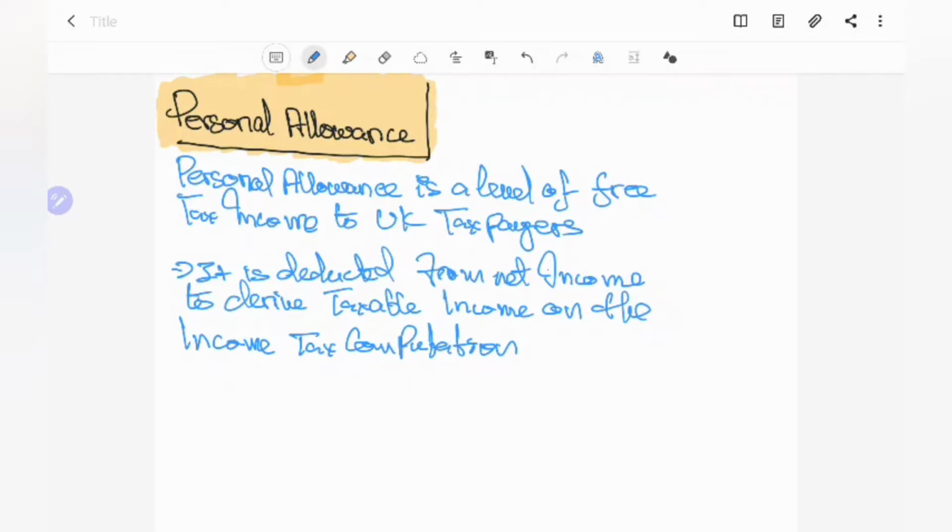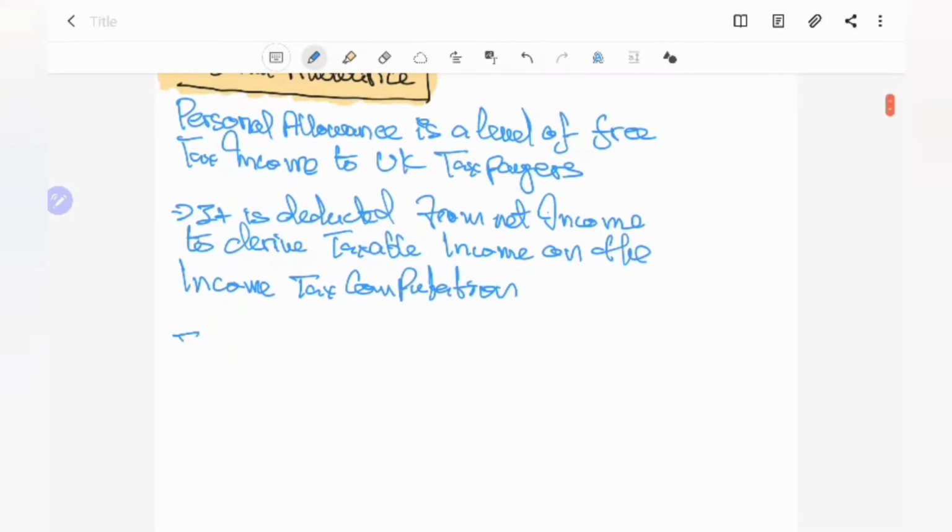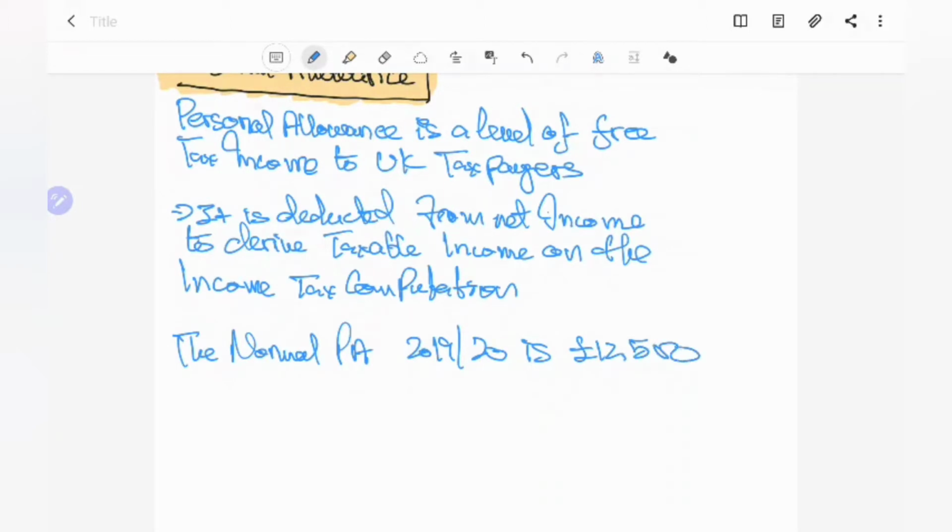You can see it in the previous lessons on the pro forma computation, right? Firstly we will deduct it from non-saving income, then saving incomes, and then dividend incomes. The normal personal allowance for 2019 and 2020 is £12,500.